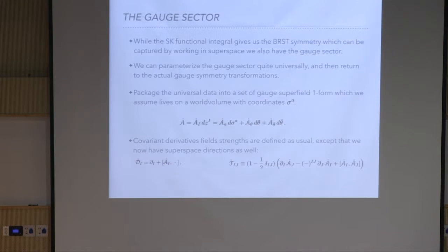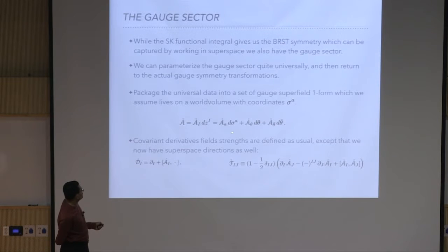I want to postpone that, but just say what happens when you have gauge symmetry in the superspace, and parameterize how to think about it abstractly. Imagine you had gauge superfields in a space with two super coordinates. Then your gauge superfield is a one form, which will uplift to a super one form.